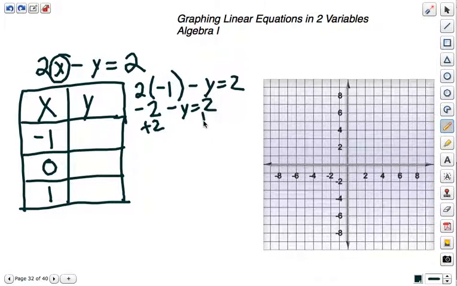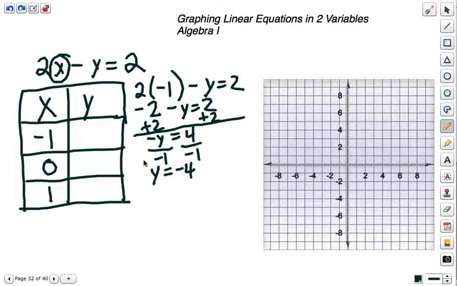Add 2 to both sides, and -y equals 4. We need to get rid of that negative, so we divide both sides by -1, and now we have y equals -4. So -4 is our y coordinate, and that's our first ordered pair, -1, -4.